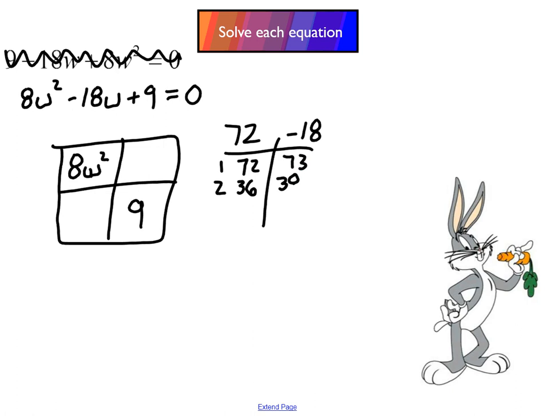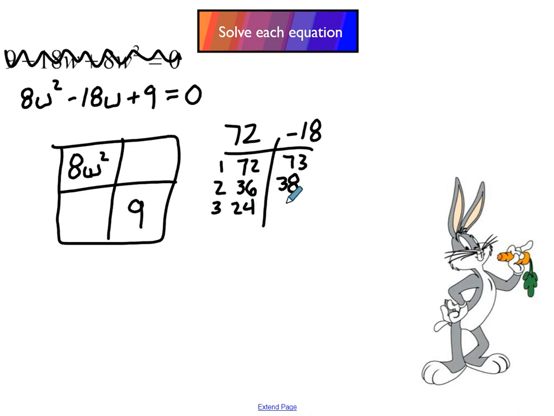I'm going to try 3. So let's see if 3 is divisible by 72, which it is, so it's going to be 3 and 24. That's 27.